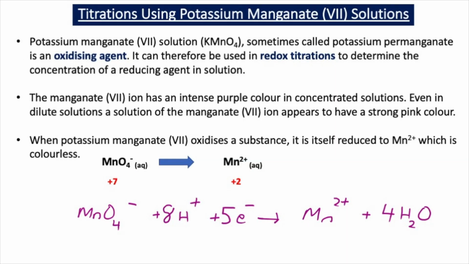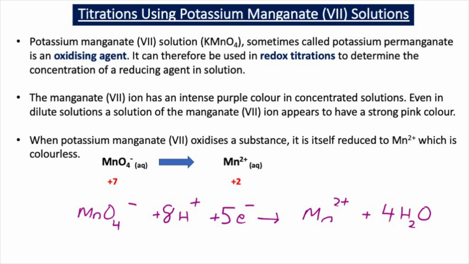So I need 5 electrons because 7 plus minus the 5 electrons will give a total charge of 2 plus on the left, and there'll be 2 plus on the right, and the equation will be balanced. So that is the half equation for potassium manganate 7 whenever it oxidizes something, because remember, when it oxidizes something, it is itself reduced.